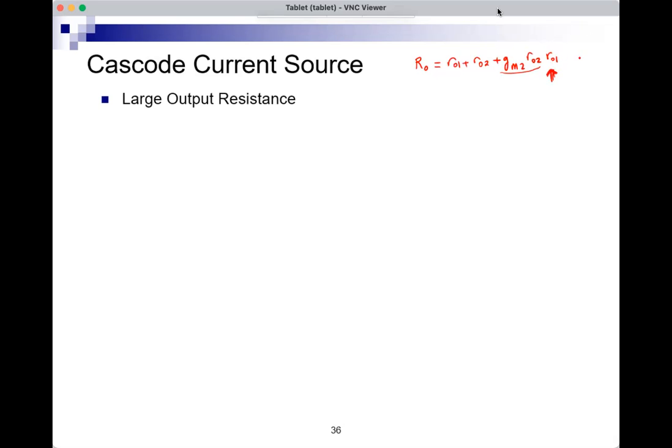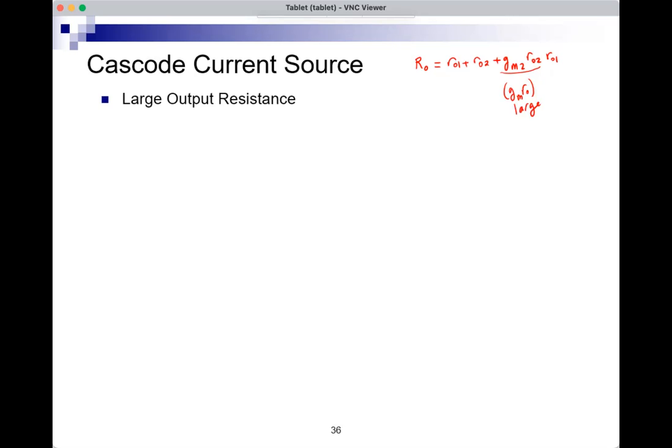Actually, I'm getting a much larger resistance than rO1. I'm getting gm2 rO2 times rO1, and gm2 rO2, the product gm-rO for a MOSFET or for a BJT, is a large number. So say this is 40. So if I have one MOSFET, I get an output resistance, which is small rO.